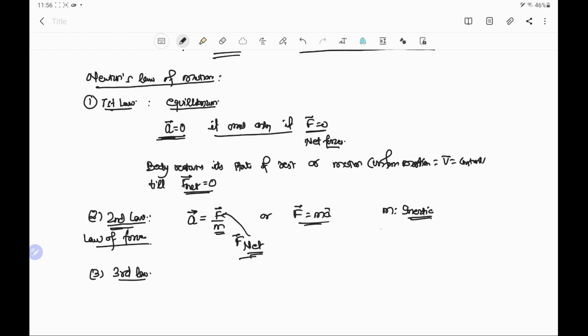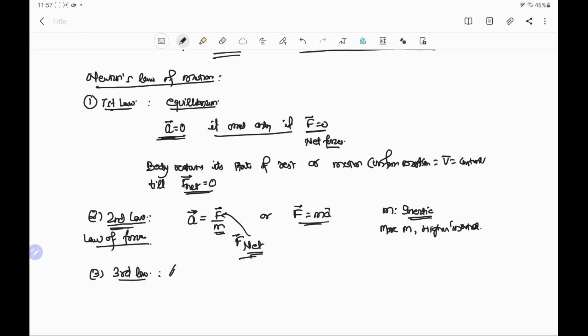The higher the mass, the higher the inertia. It means a higher tendency to oppose the change in its state. It means if mass is higher, acceleration will be less. If mass is less, acceleration will be more for the same applied net force.